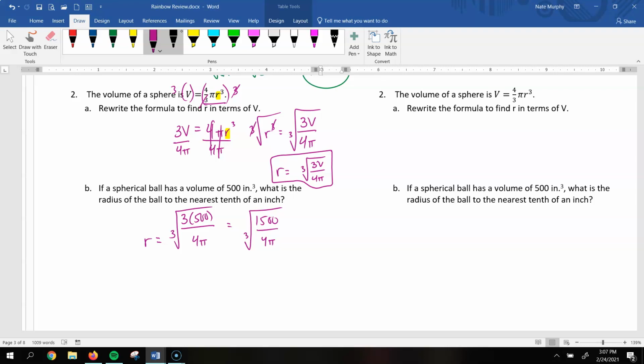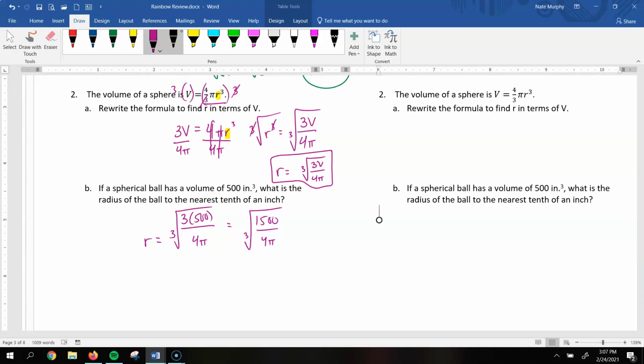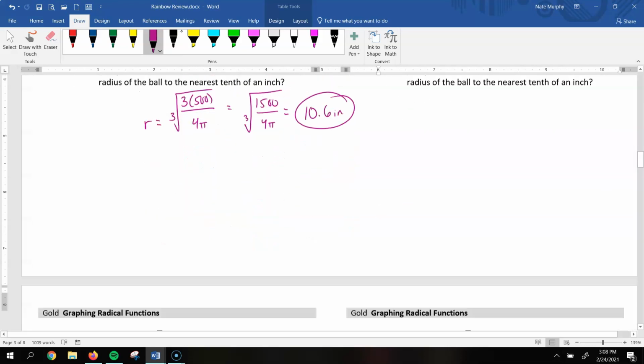Because otherwise, if you just typed in the cubed root of 1500 divided by 4 pi, chances are it'll only take the cubed root of the 1500 and not the 4 pi. So you'd have to remember to use parentheses, but that's why sometimes I just like to do it in steps. When you break that up into 2 separate steps, you get your final answer of approximately 10.6 inches.